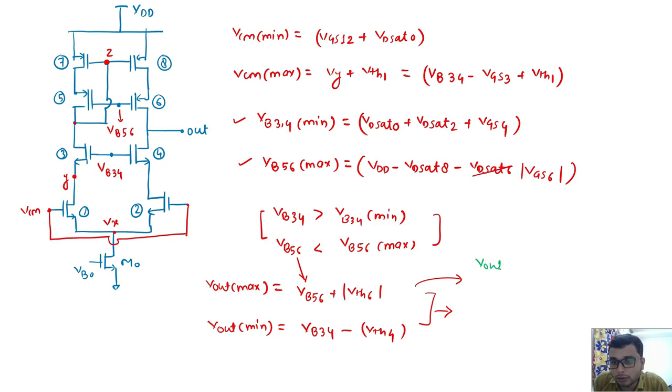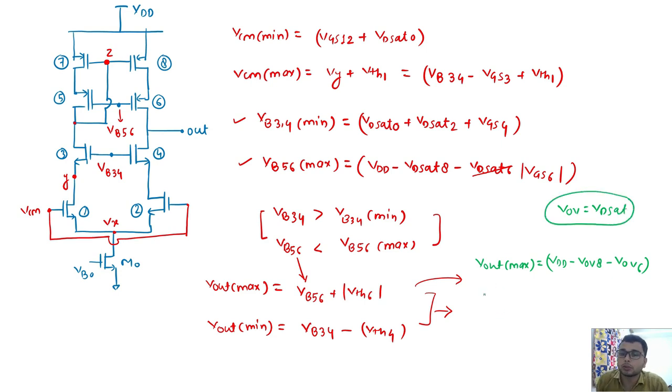So one more thing that a person can think is that Vmax can be VDD minus VOV8 minus VOV6. I have written OV, and this is also overdrive. So anyway, VOV equal to VDSAT, same thing.